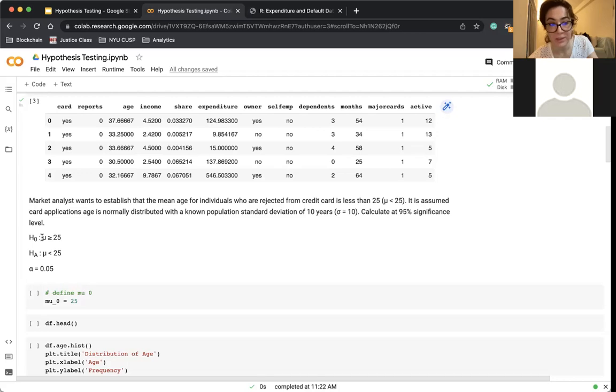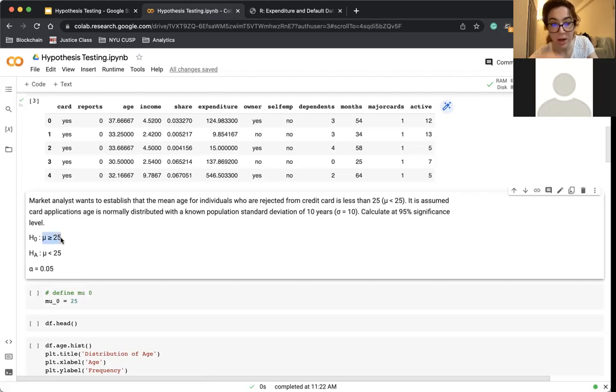Essentially, we are looking to test our new theory that this market analyst is hypothesizing, that people who get rejected from credit cards are actually less than 25 years in age.